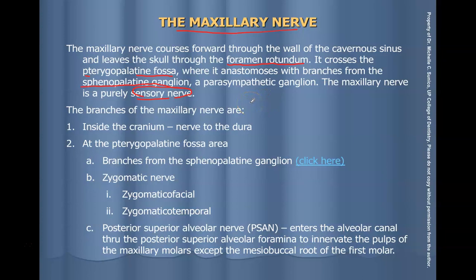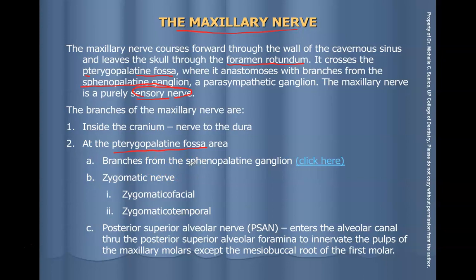To facilitate the study of the branches of this nerve, we divide the branches into four main parts. First are the branches inside the cranium, while the nerve is still inside the cranium. Second are the branches at the pterygopalatine fossa area. And we can include here the branches from the sphenopalatine ganglion.